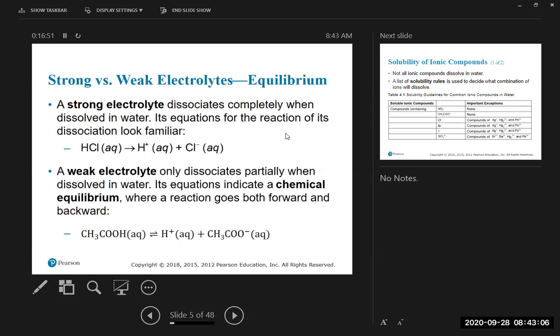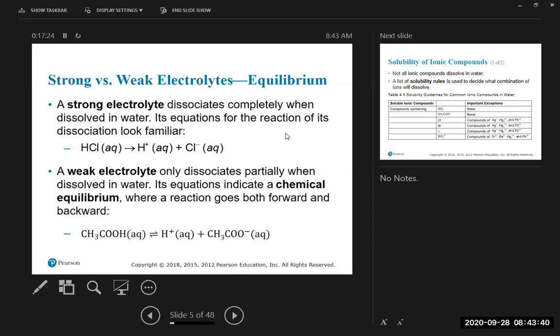Versus HCl, if we put that in water and then analyzed what was in there, we'd just find the protons, the H plus ions, and the chloride ions. We wouldn't find any HCl together anymore because that's totally dissociated. So in this second one, with the acetic acid, where we have the arrow going both ways, that's the equilibrium. Compounds like acetic acid and these types of acids have something called an acid dissociation constant.